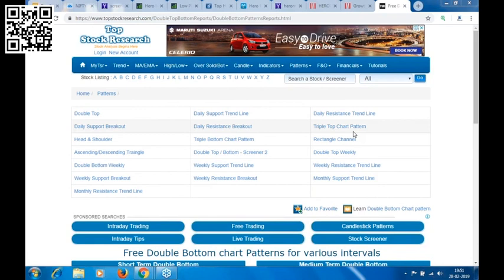For technicals, I have told you Top Stock Research, and for fundamentals you can use screener.in, Money Control, Morningstar, or Market Mojo, whichever is suitable to you. You can use any of these websites for filtering out fundamentally strong companies.